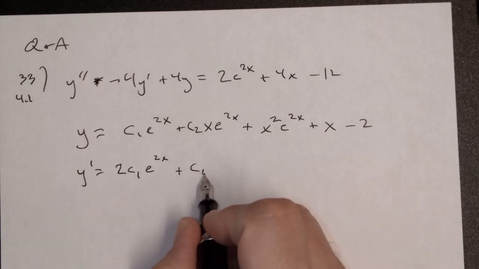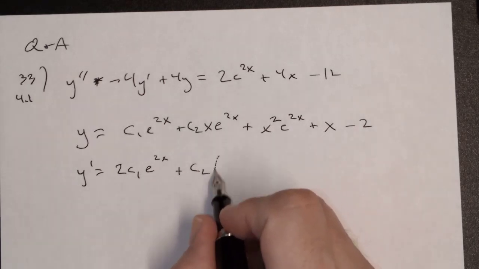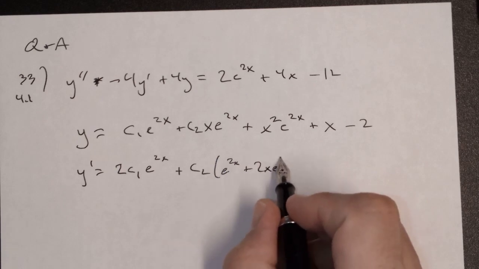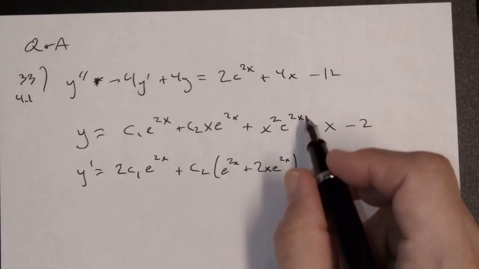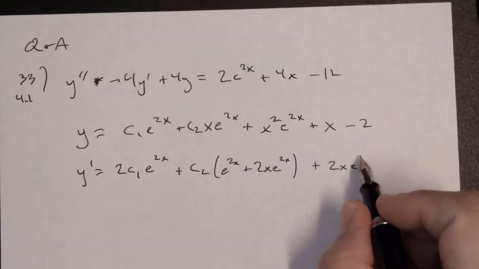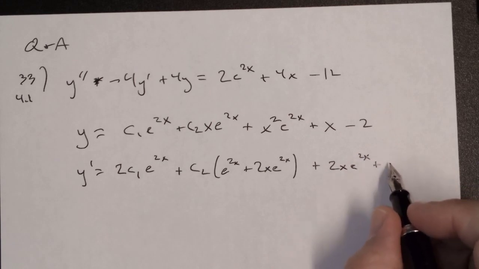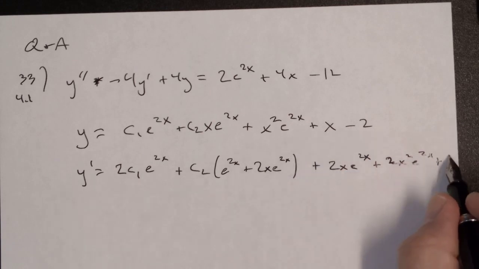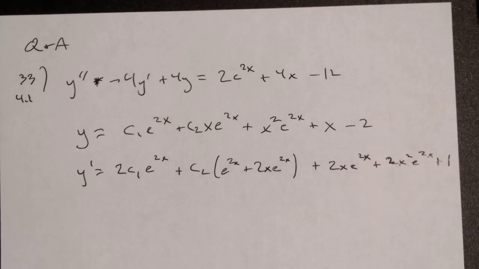When I do the c2 part, though, there's a product rule there. So I get e to the 2x plus 2x e to the 2x. When I do this, there's a product rule. So I get 2x e to the 2x plus 2x squared e to the 2x. And then I get a plus 1. And the derivative of minus 2 is 0.